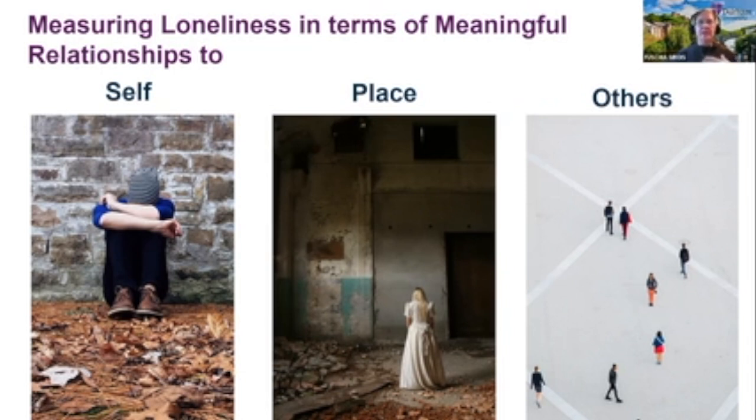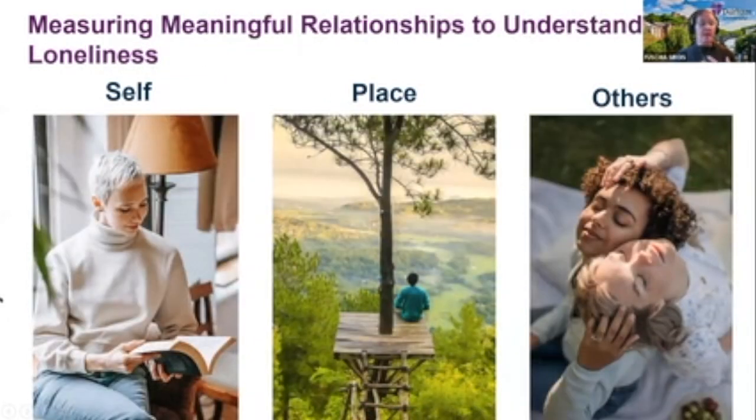It's not that we discount the construct of loneliness, it's that we need to move forward and think from a perspective of what can be done to address loneliness, viewing it from a more strengths-based approach, and looking at and measuring meaningful relationships so that we can better understand loneliness, who's going to be more at risk, and also how we might help reduce loneliness overall for people.